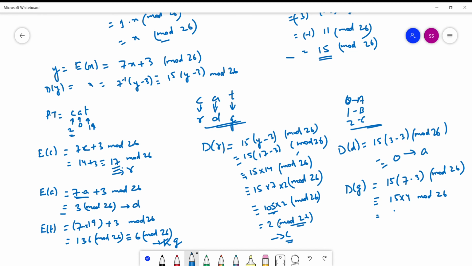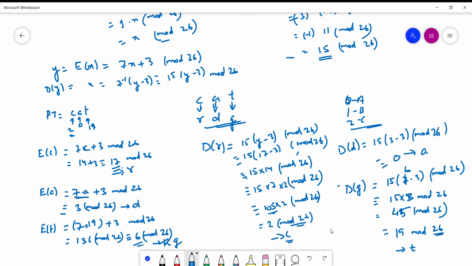It's not 7, it's 6, right? So what I have to do is I have to take 6. So 15 into 3, right? This is 45 mod 26. If you subtract 26 from 45, you will get 19 mod 26. So here you will get T.